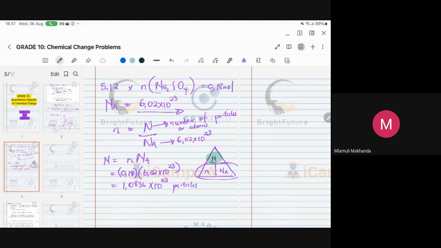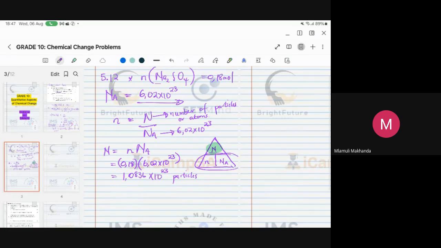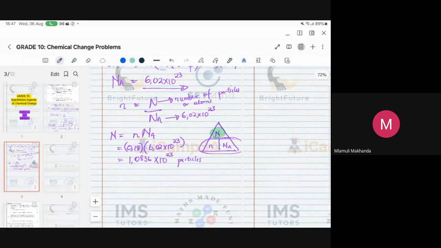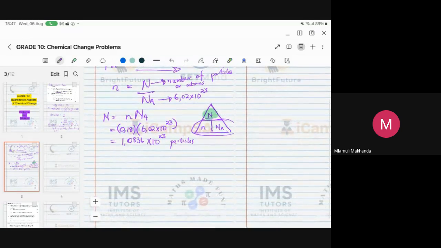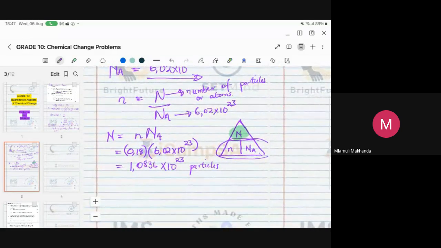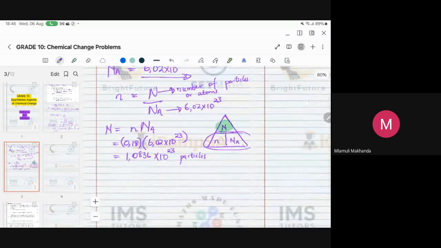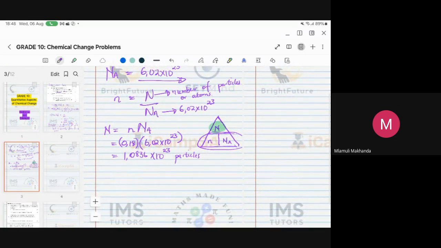But this is the number of particles of the whole compound and not just sodium alone. We want only sodium. So how do we find the ones for sodium? Since we have 2 sodium atoms in this case, to find the number of sodium particles in this particular compound, we can simply take this value and multiply it by 2.